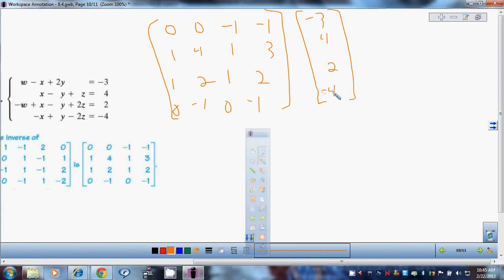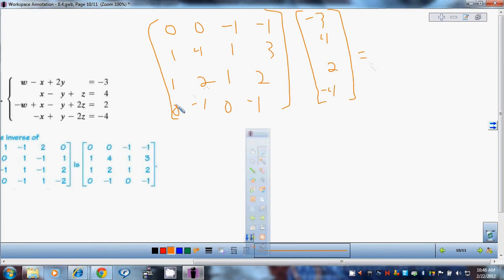That will give me W, X, Y, and Z. We will have solved that system of equations. And this is all you have to do with these later too. Take the inverse it provides you, multiply by the answer, boom, solve.